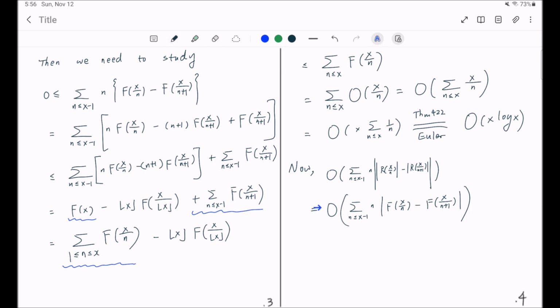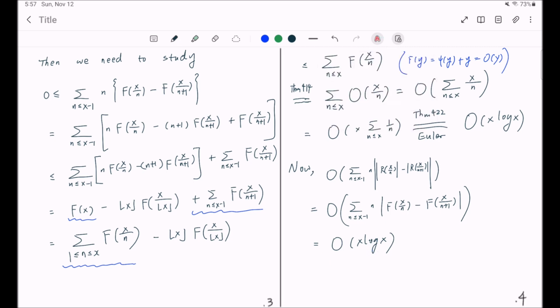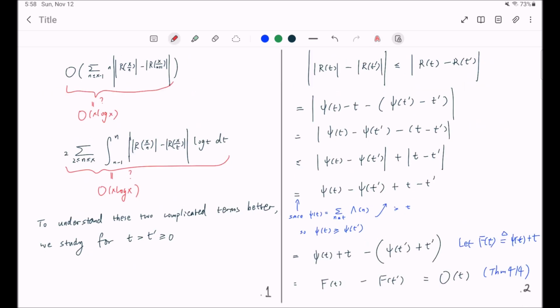So I can safely use just the equal sign. And by what we just proved, the sum is big O of x times log of x. And this is precisely what we need. So we have addressed this part.